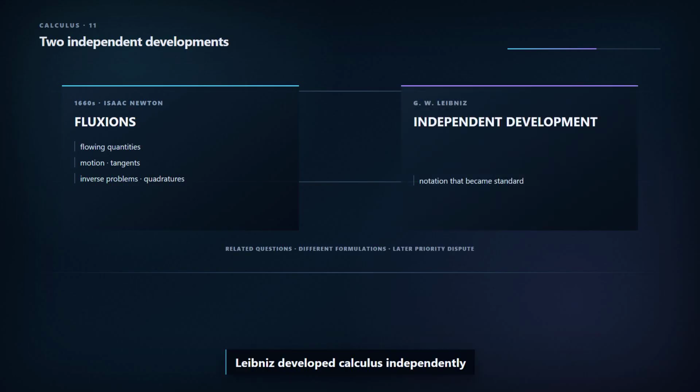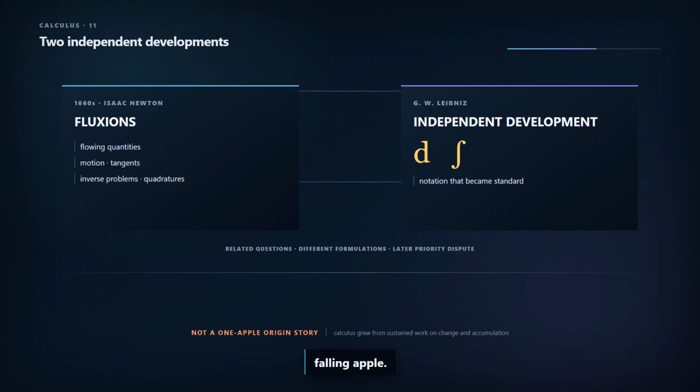Leibniz developed calculus independently and published a different formulation. His d and integral notation became the standard language we still use. Calculus was not suddenly caused by one falling apple. It grew from sustained work on exactly this pair of needs: change at an instant and change accumulated across an interval.